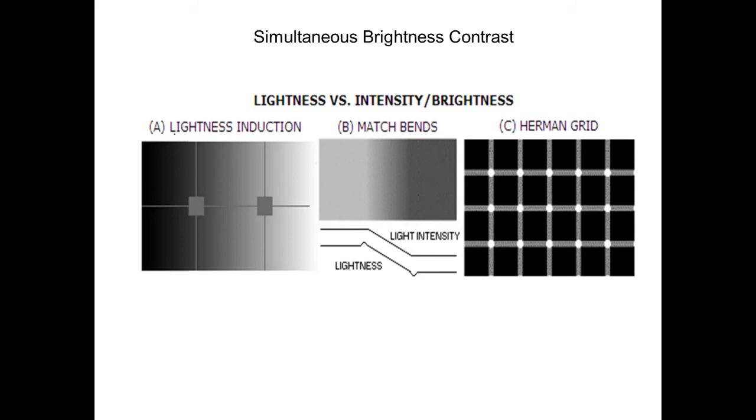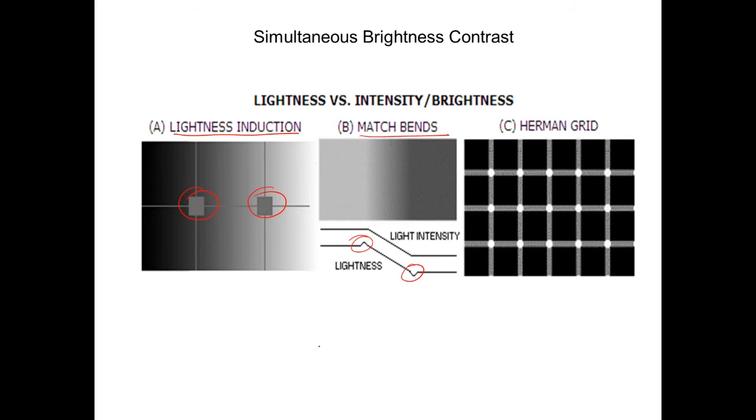This is also known as lightness induction in much of the literature. You can see that the same light patch looks different, and it's a Mach band where the light intensity is uniformly decreasing, but we can see that there is a small bend over here.